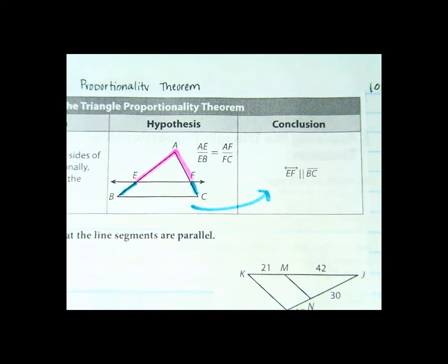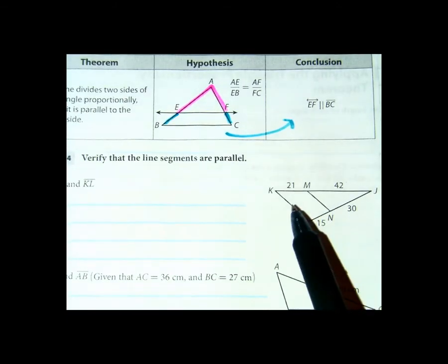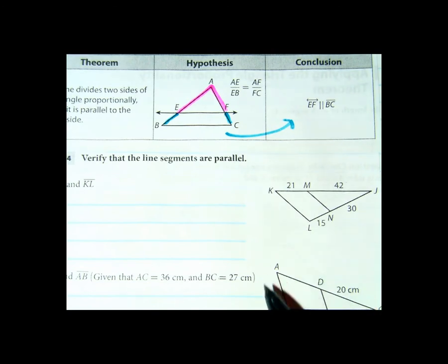Okay, example 4, it says, I want to prove that MN is parallel to KL. So in order for those two to be parallel, what has to be true?